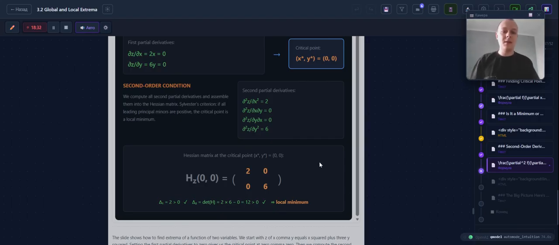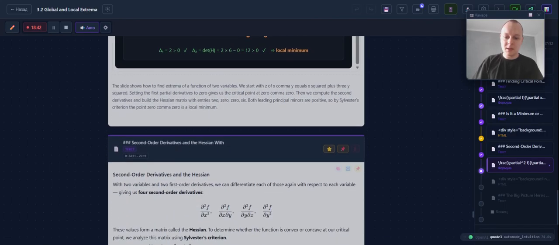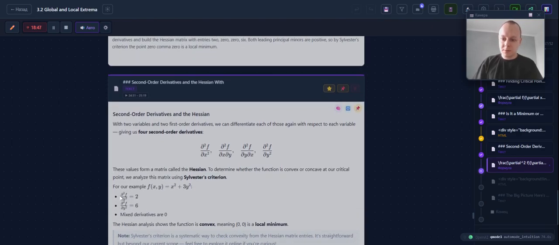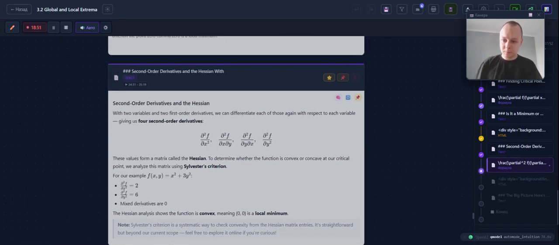Maybe later I will understand how these Hessian matrices work and what Sylvester's criterion is and how it works. But for me it is enough right now to understand that we have two second order derivatives, and they are both positive, so we don't have any negative ones.